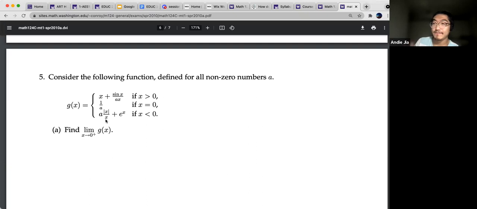What happens if a number is divided by a very small number? You get a larger number, right? And then this is going to be negative x over x, which is negative 1, and then e to the power of 0 is 1. So this is going to be 1 minus a, the left side limit.